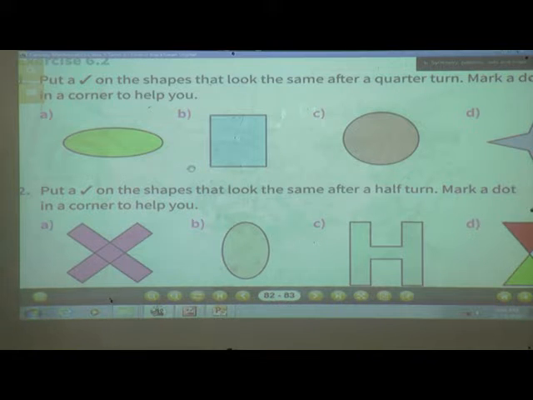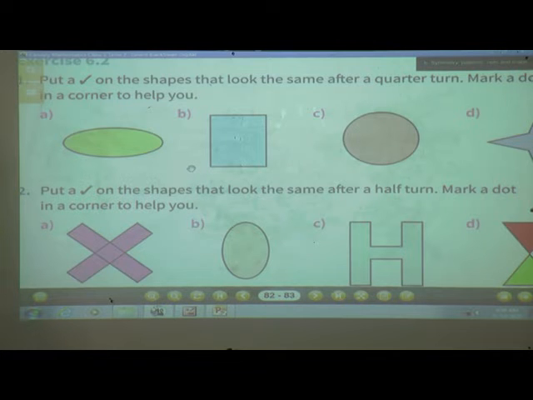So students, see, first one, what we have to do now: put a tick on the shapes that look the same after a quarter turn. Just now I told you, so we can make a dot also.